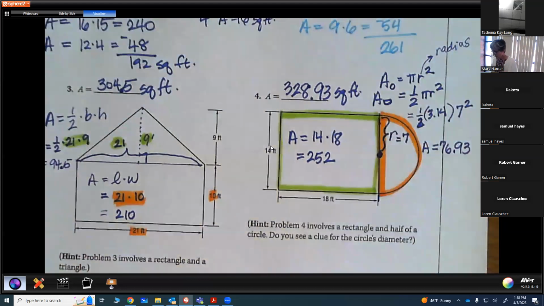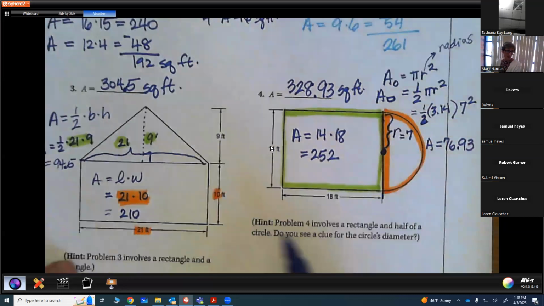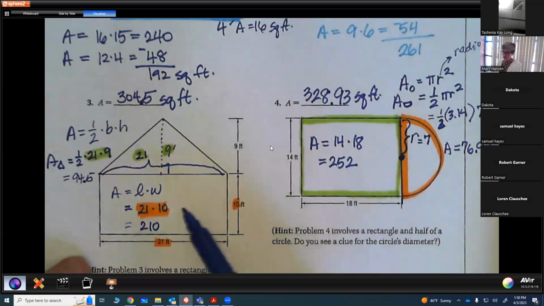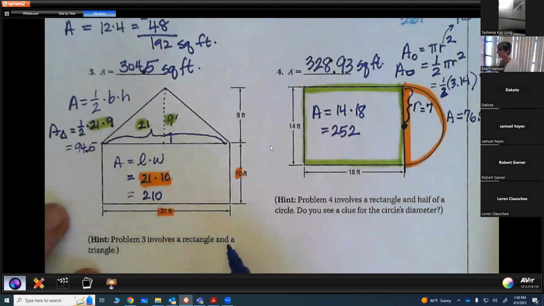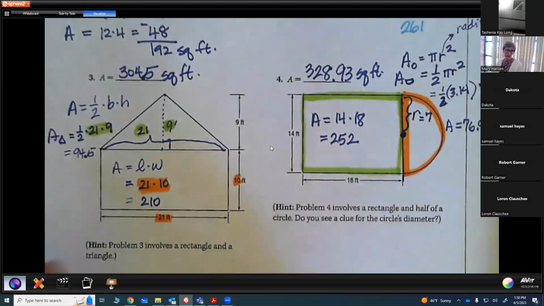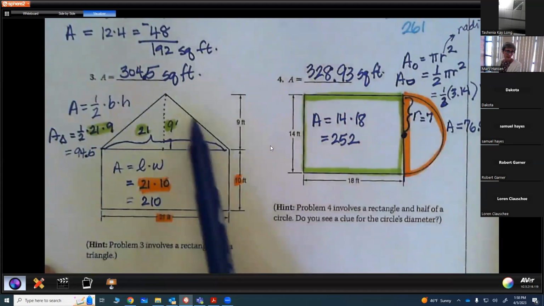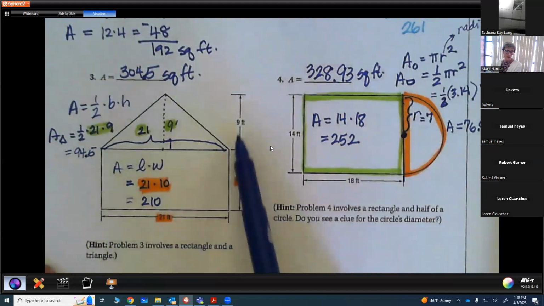So there's going to be times, like if you saw question 3 or 4 on the GED, those would be reasonable GED questions. They're not going to give you the hint. You have to look at the figure and figure out how to divide it up and then how to find these measurements, like the radius and knowing that the height of your triangle is this same distance and so on.